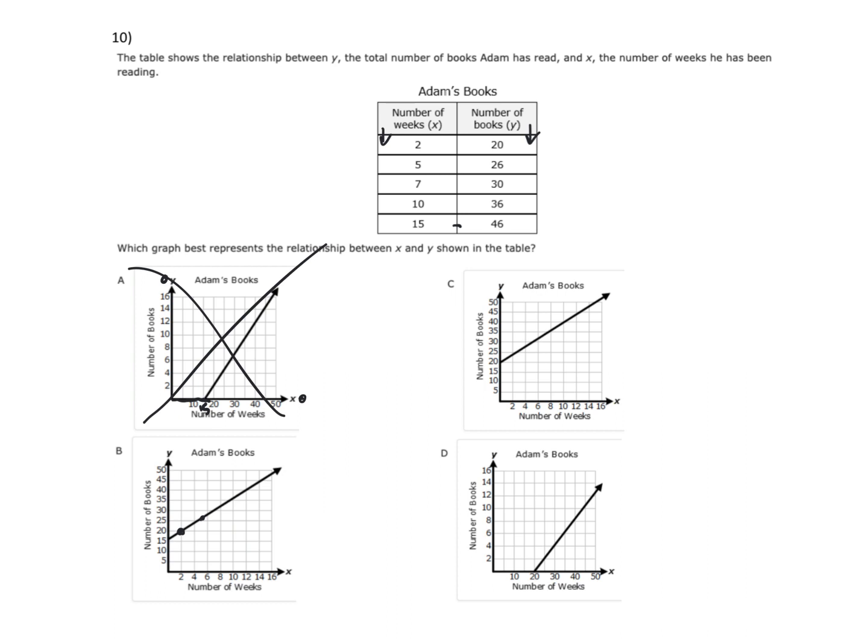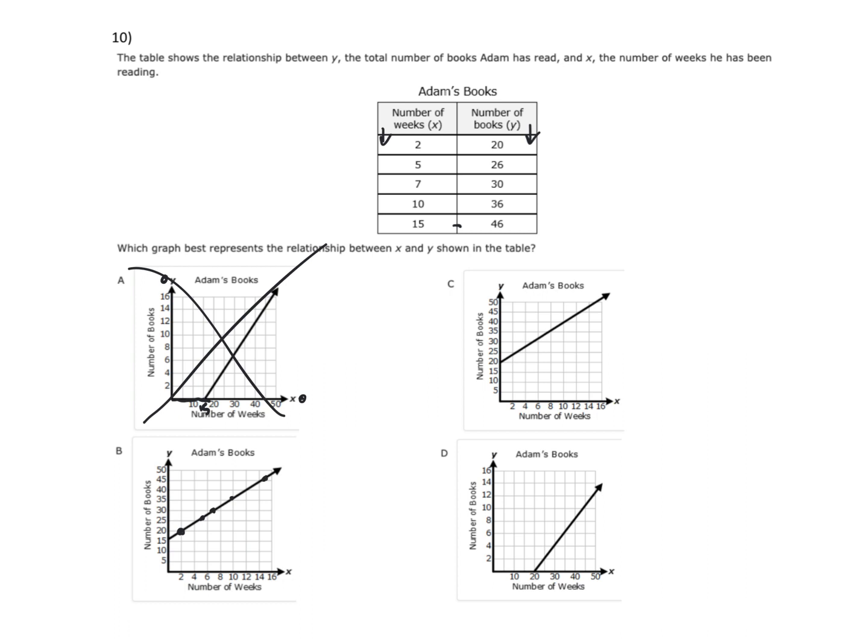7, in between 6 and 8, would be 30 books, which is right on. 10 weeks is 36, which looks pretty reasonable. And 15 weeks between 14 and 16 is 46. So far, B seems like a perfect match.